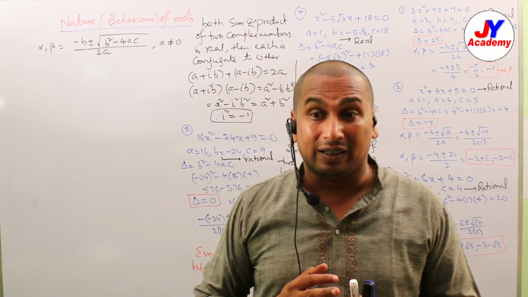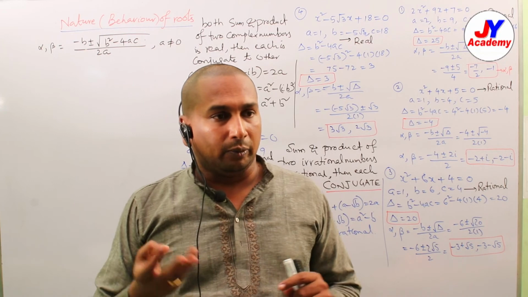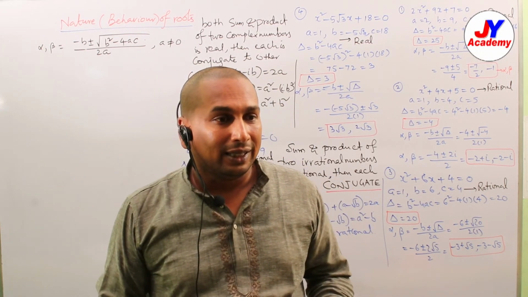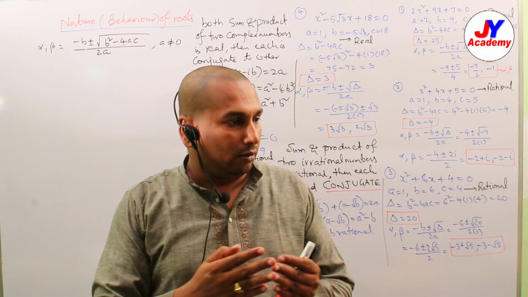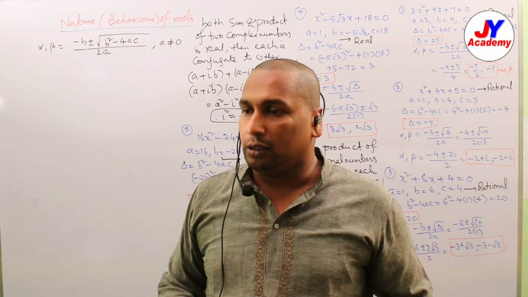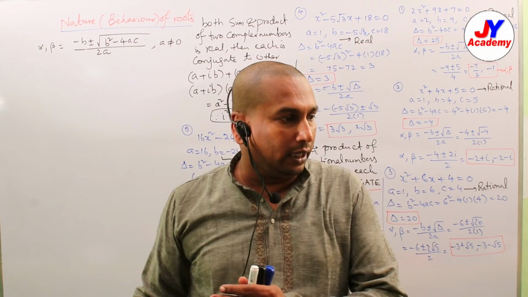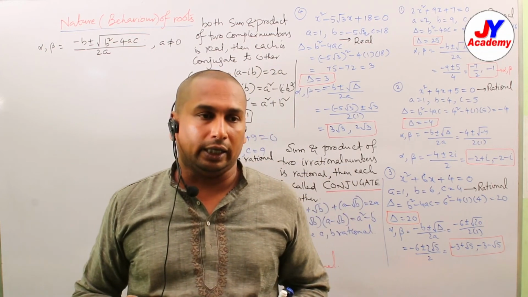Whatever the real number, it may be positive, or negative, or 0. Real numbers can be divided into three parts: positive real, negative real, and 0, because 0 is neither positive nor negative.